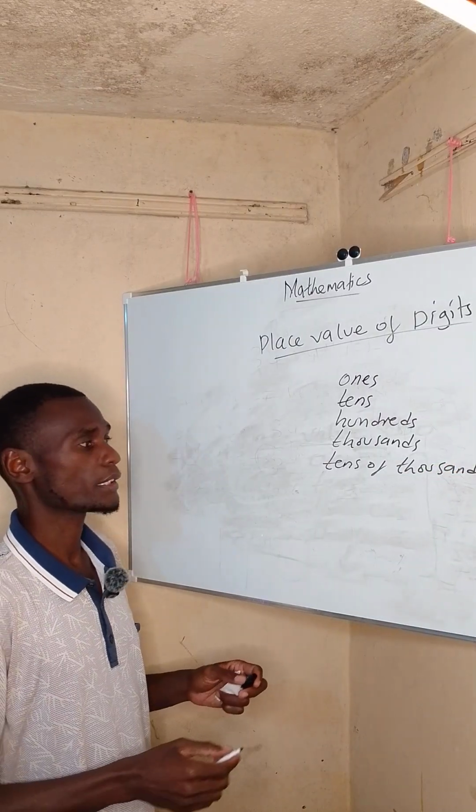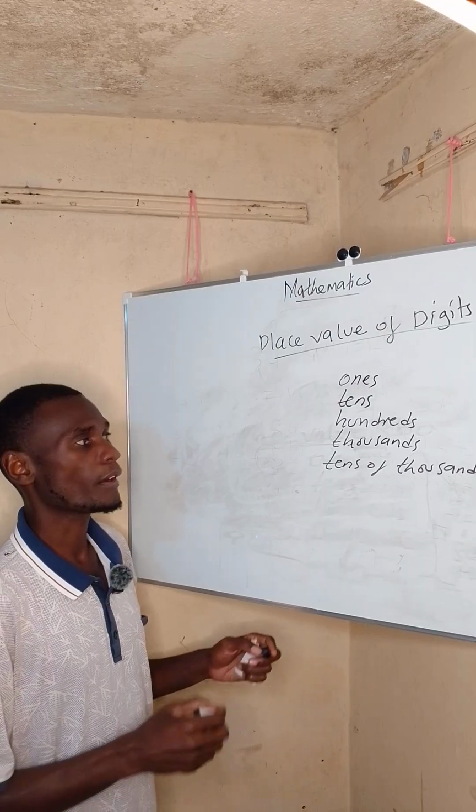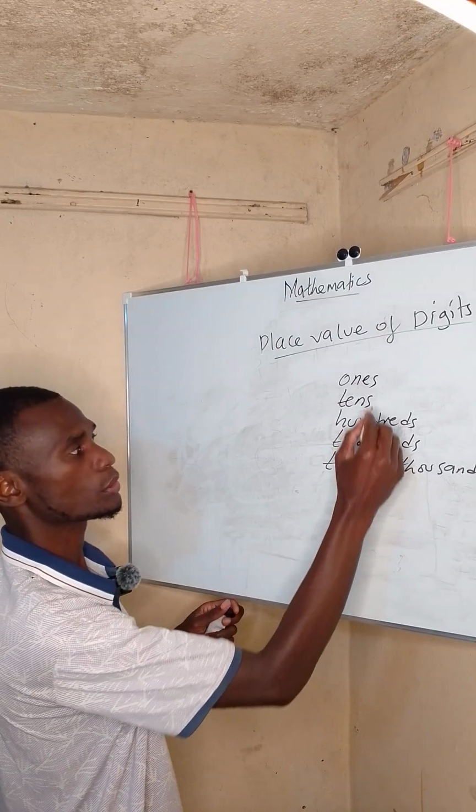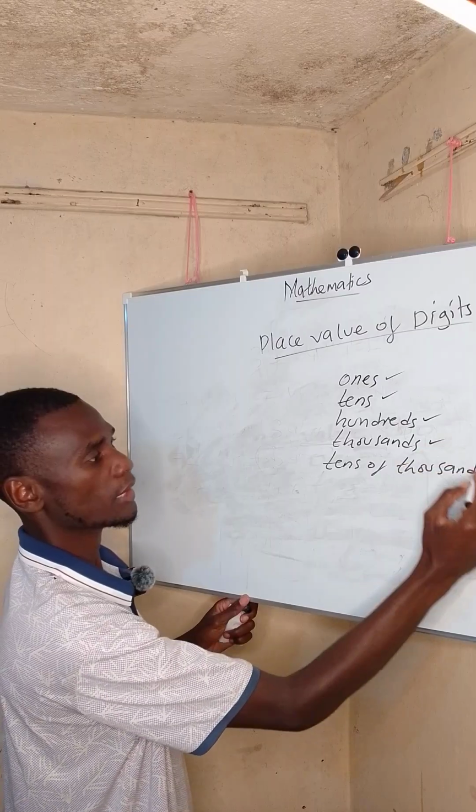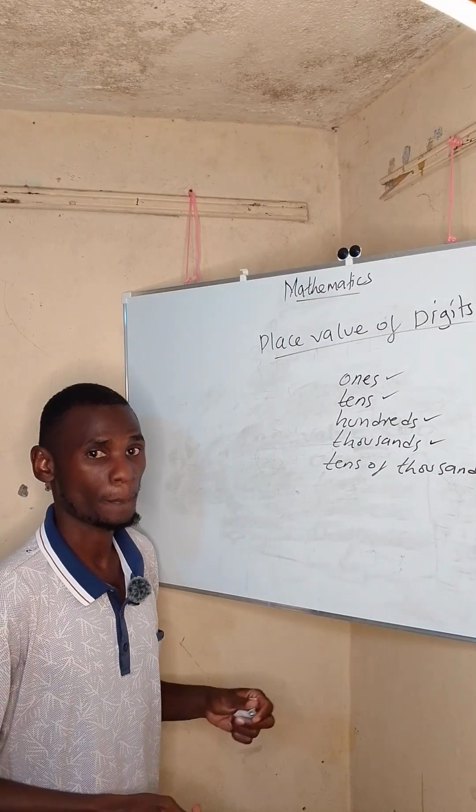So that means a grade 5 by now knows what ones is, tens, hundreds, thousands, and tens of thousands.